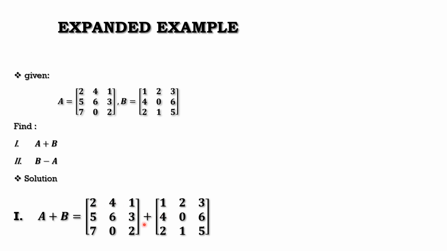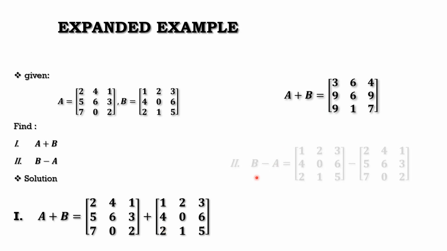So we have 2 plus 1 being 3, 4 plus 2 being 6, then 6 plus 0 being 6, then 2 plus 5 being 7, then 7 plus 2 being 9, and 5 plus 4 being 9. So we are adding them based on their corresponding elements.